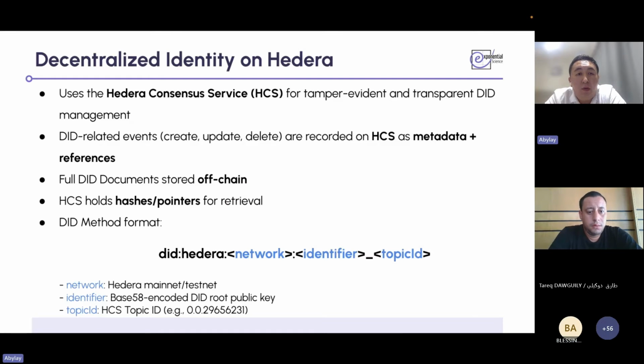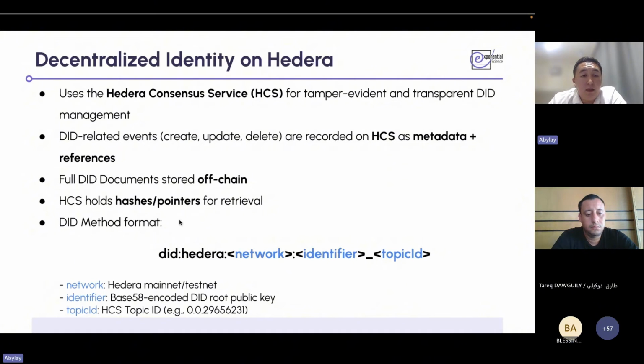So now we move to decentralized identity on Hedera. Hedera uses the Hedera Consensus Service for DID management. It's quite scalable and event based. DID-related events are recorded on HCS as metadata plus references, and full DID documents are stored off chain.